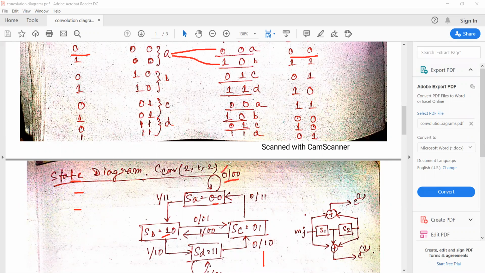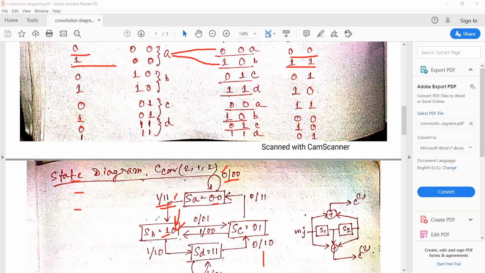The first one represents the input and the second one represents the output. So when A is converted to B, you can see a line going from SA to SB, like 0, 0 to 1, 0. What is the condition? When the input is 1 and output is 1, 1.